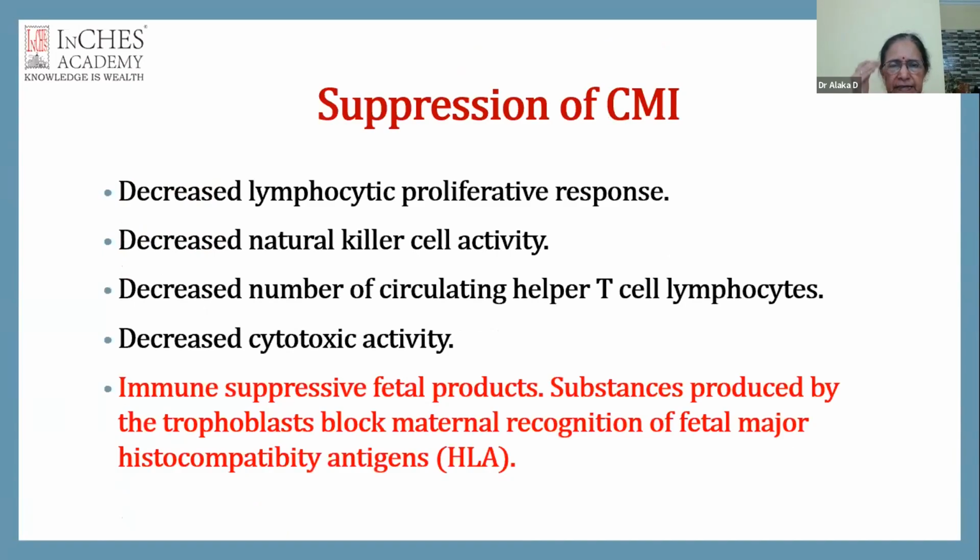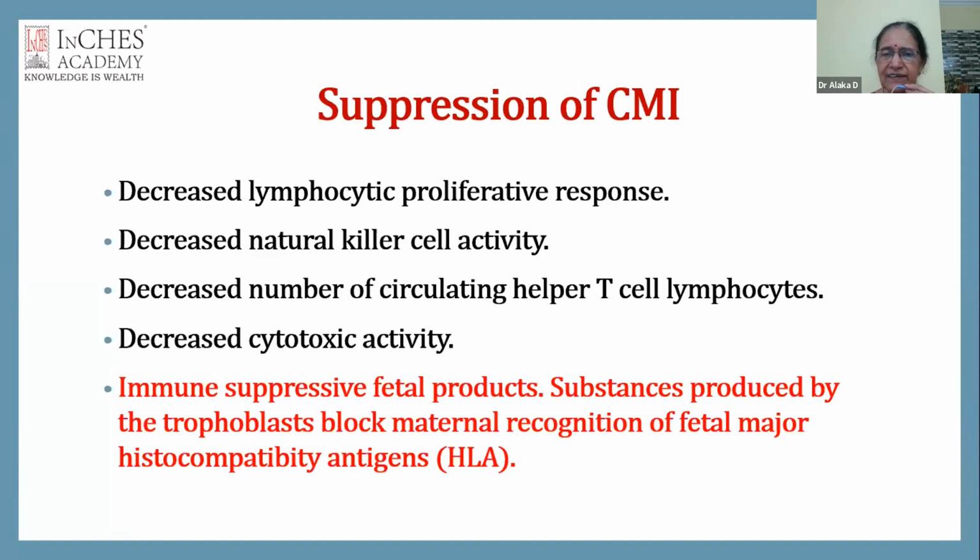Why is there an infection in pregnancy? When the fetus is growing in the body, let us take it as something like a foreign body, isn't it? It is not her own self. So for the fetus to survive, the mother's cell-mediated immunity is decreased.